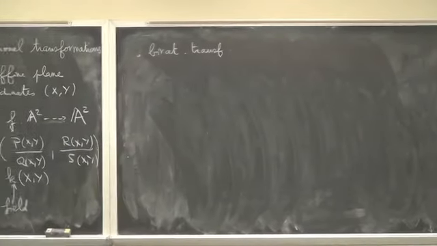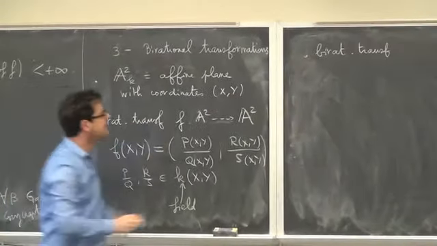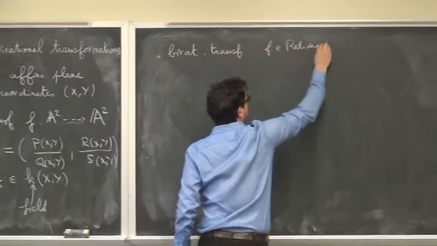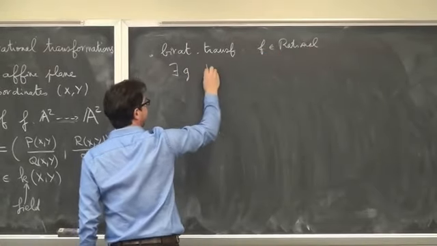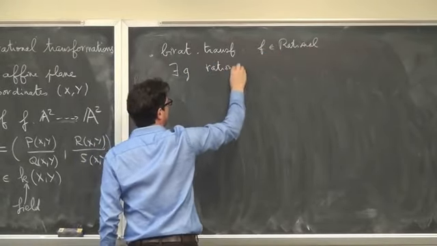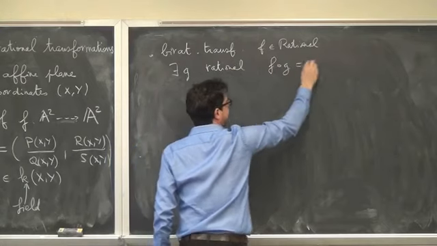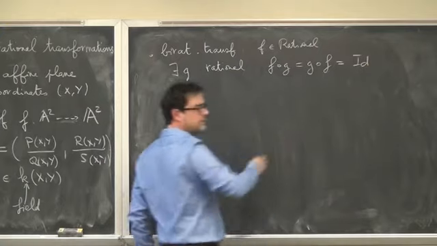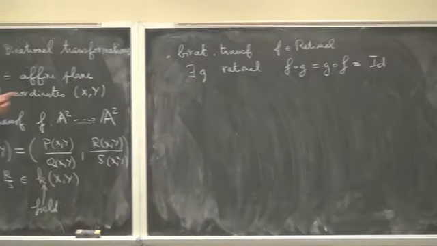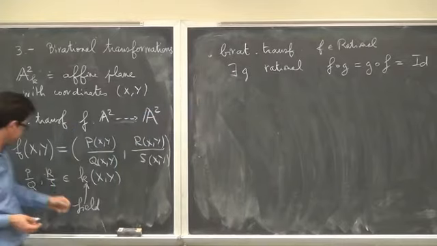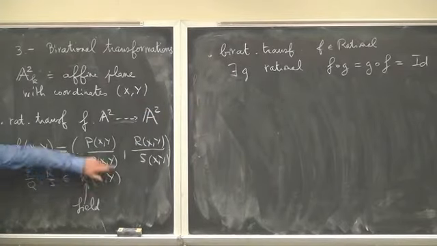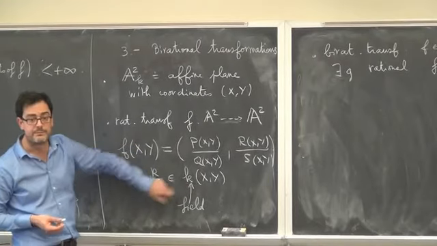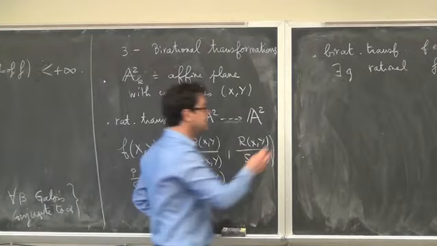A birational transformation is a rational transformation F such that there is a rational transformation G with F composed with G, and G composed with F, being the identity, so (x,y) equals (x,y).